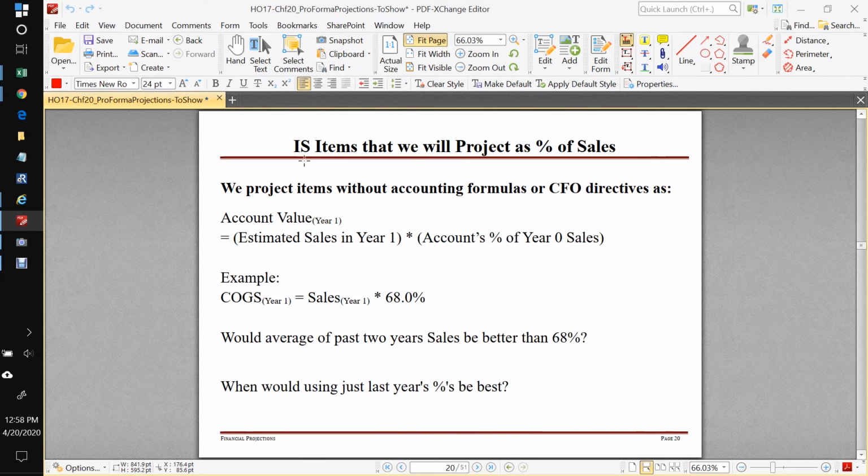Okay, so let's think a little bit about the items that we are going to project as percent of sales. Anything that we don't have an accounting formula for, or a CFO directive, what we're going to do is say the account value in year one, that's our first projected year, is our estimated sales in year one times the account's percent of year zero sales.